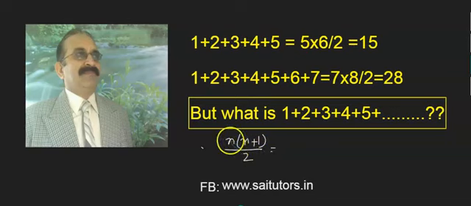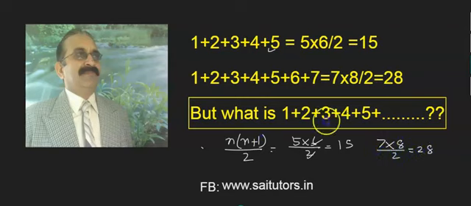N is the last number, which in this case is 5, and 5 plus 1 is 6, divided by 2, and the sum gives you 15. Similarly, for 1 to 7, the last number is 7, so 7 times 8, the next number, divided by 2 gives you 28.